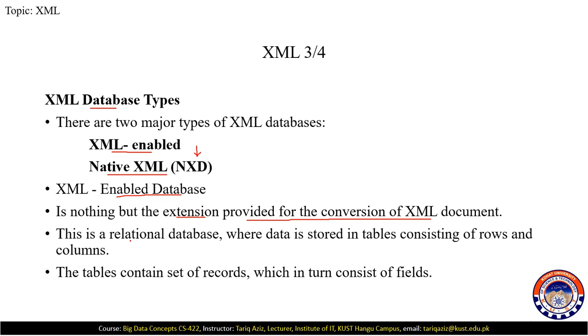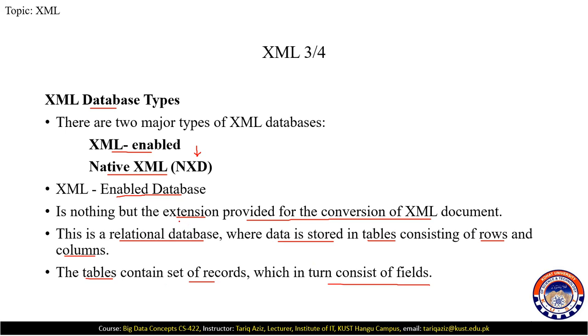The XML enabled database is just like the relational database, where the data is stored in tables, and we know that tables consist of rows and columns. These tables contain a set of records, which in turn consist of fields.